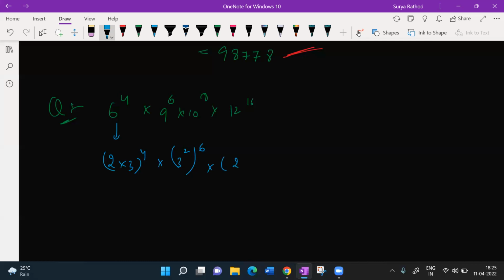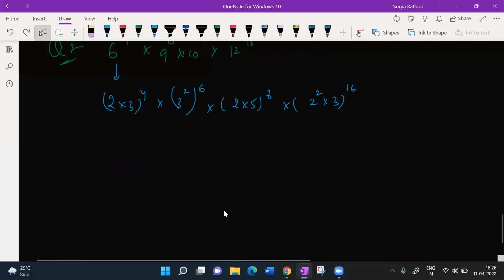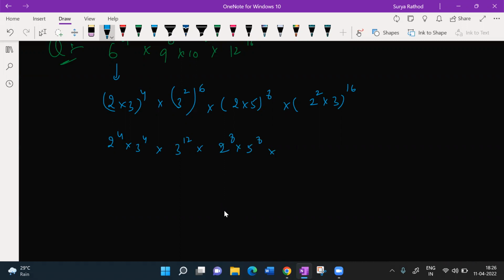Then 10 to the power of 8 is 2 into 5 to the power of 8. And 12 to the power of 16 is 2 square into 3 whole to the power of 16, so 2 to the power of 32 into 3 to the power of 16. Correct?